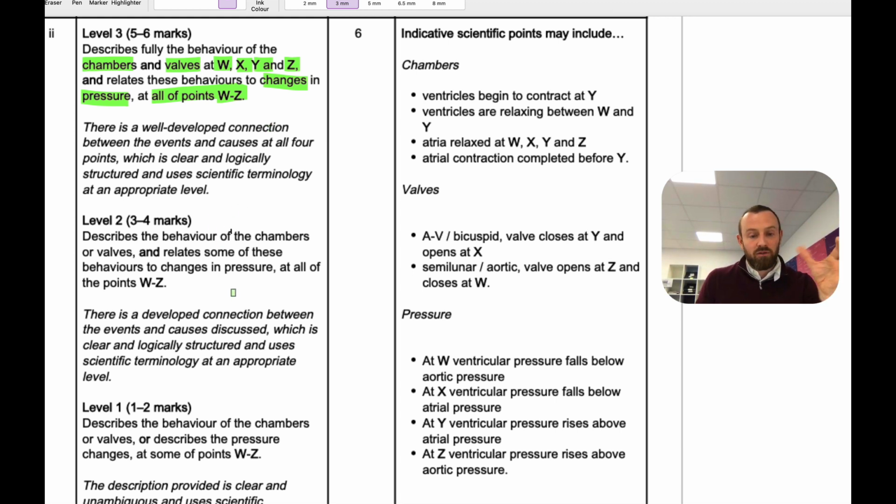If you missed a couple of them, you would have got 3 or 4. And to get 1 or 2 marks, you talked about the chambers or the valves or the pressure, but you didn't do enough of those things. We talked about all that in what I just said. Chambers is here, valves is here and pressure is here. Pause there if you'd like to have a bit more of a look.